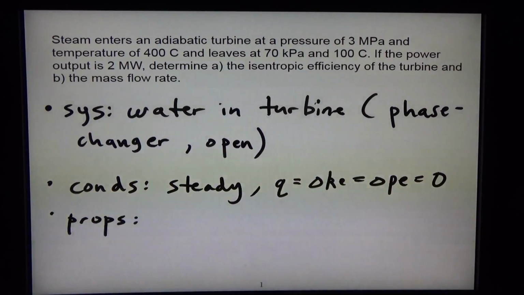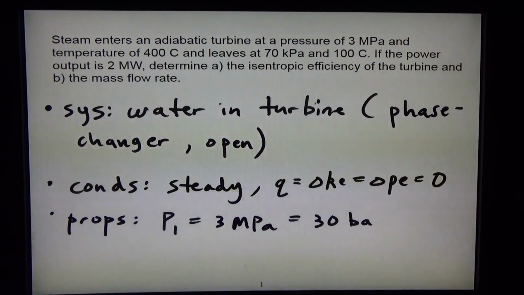For the properties, at the inlet of the turbine we have a pressure of 3 megapascal or 30 bar and a temperature of 400 degrees Celsius.